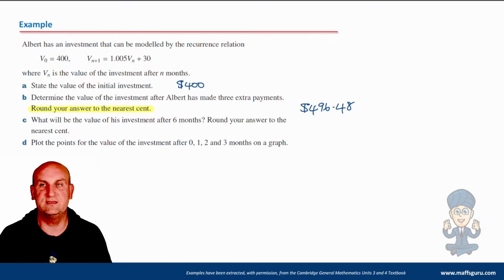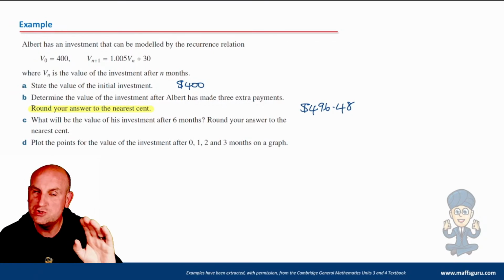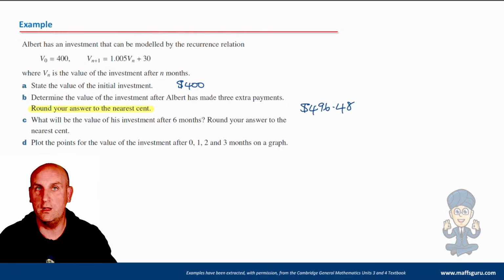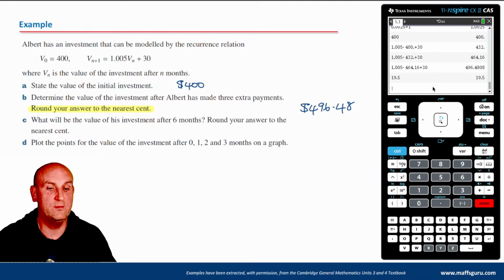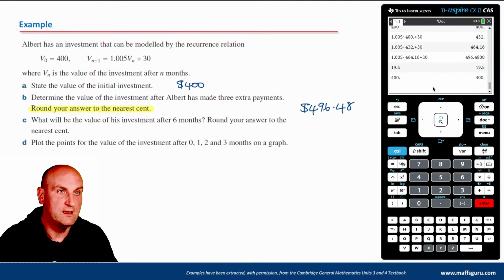Now be careful there because VCE exams every now and again change that to the nearest dollar, just to try and trick you. You'll know how to do the maths, you'll trip. What will be the value of his investment after 6 months? Okay, oh well, this is really difficult, not. So if I go back up, I've got to redo this, I'm afraid, because I did something silly in between.